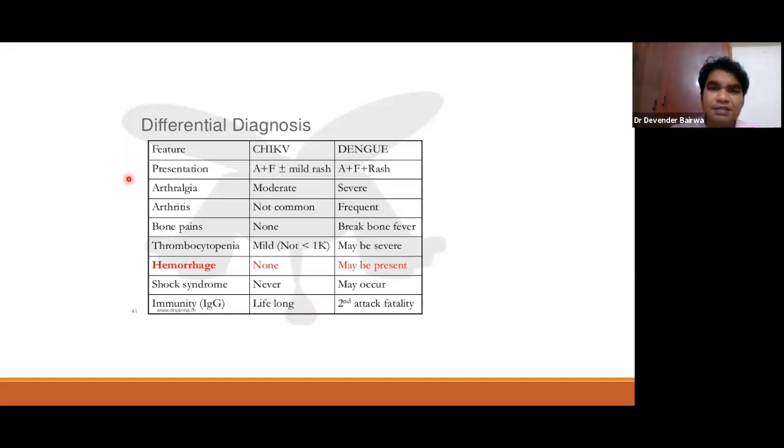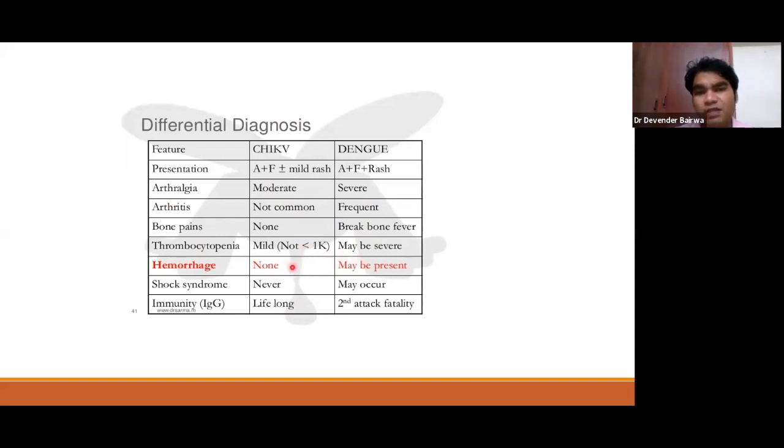Arthralgia is generally severe in dengue, but moderate in chikungunya. Arthritis is very frequent in dengue, but not in chikungunya. Bone pain is very common in dengue, so much so that dengue is also known as haddi tod bukhar, that is, breakbone fever. Thrombocytopenia is generally not a feature of chikungunya; it's a feature of dengue.